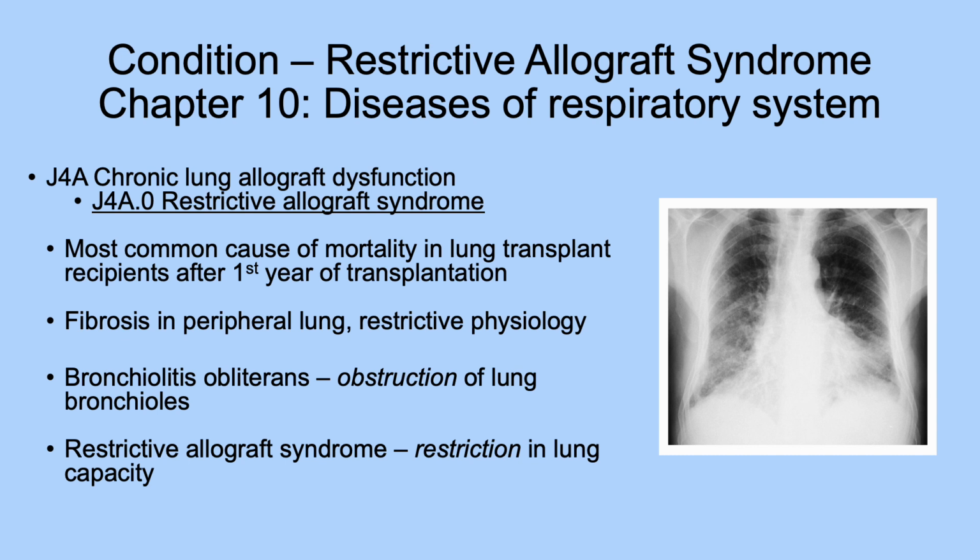So you can see that the capacity of the lung to take in air is decreased. See, it's much less than it should be. So bronchiolitis obliterans is obstruction of lung bronchioles. Restrictive allograft syndrome, there's a restriction. So the capacity of the lung is decreased.